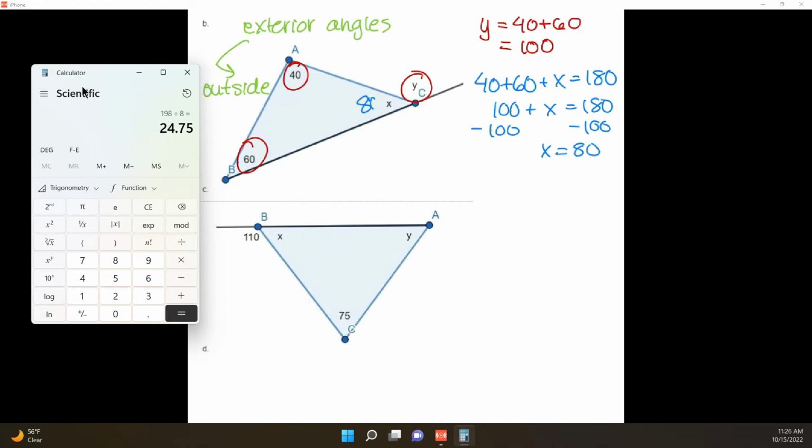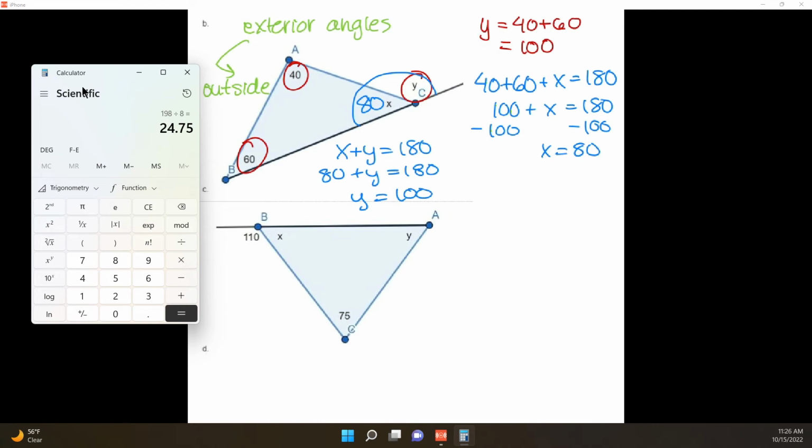And if we know that x is 80, then remember a straight line makes 180 degrees. So we can say x plus y is 180. So that means 80 plus y is 180. So if I subtract 80 from both sides, then I know that y has to be 100.